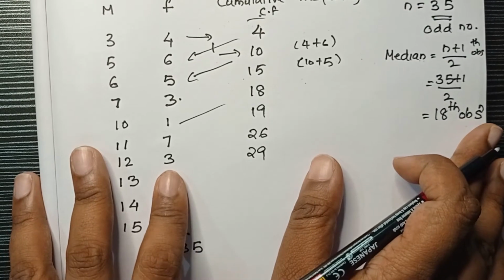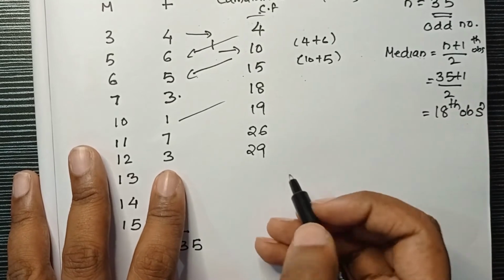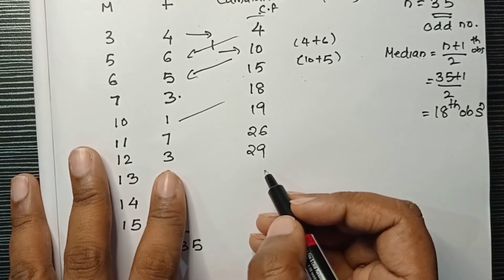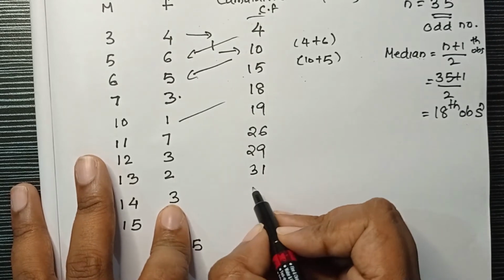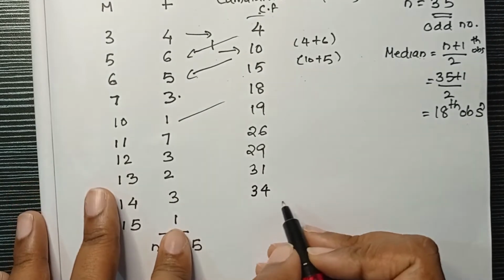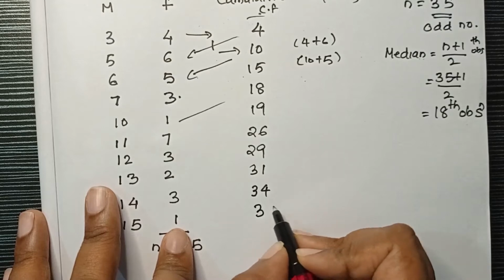I hope it is clear. That is how we have to calculate it. Now 29 plus 2 is 31, 31 plus 3 is 34, and 34 plus 1 is 35.